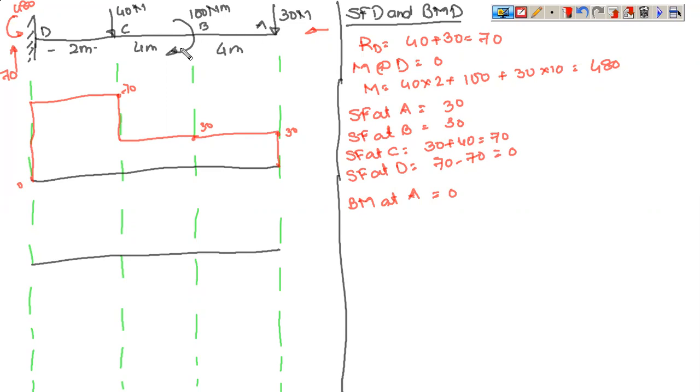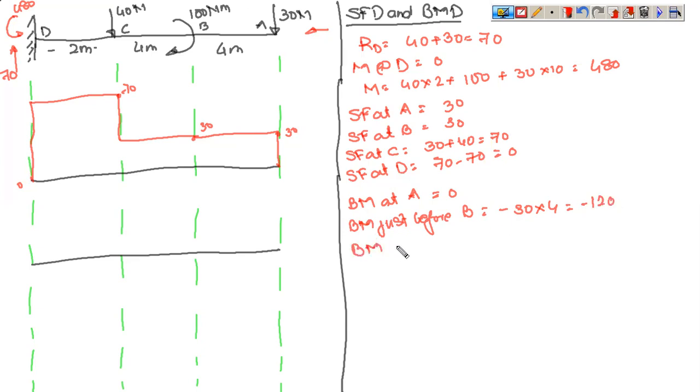So due to change in distance, there will be some change in moment, and then you have this constant moment. So BM just before B is 30 into 4. This is clockwise in nature, and clockwise moments are negative when you move from right to left. So this is minus 120.